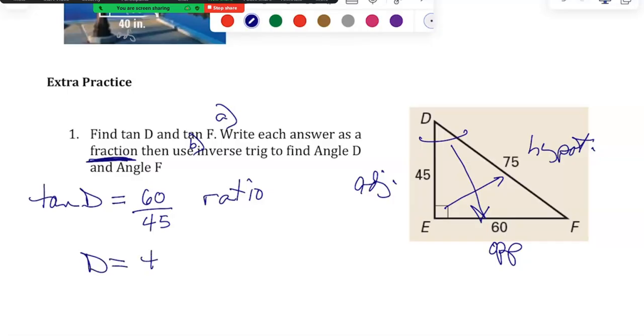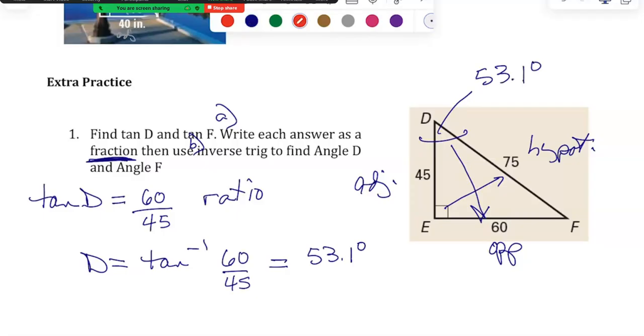You're going to use inverse trig. You're going to use second tan of 60 over 45, and you should be getting an angle of 53.1 degrees. Okay, so this angle D is 53.1 degrees.